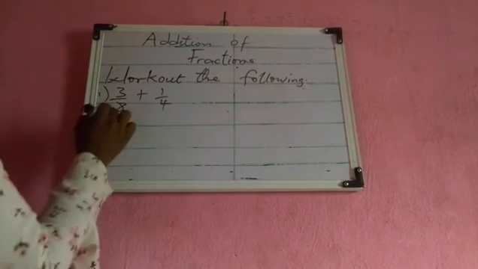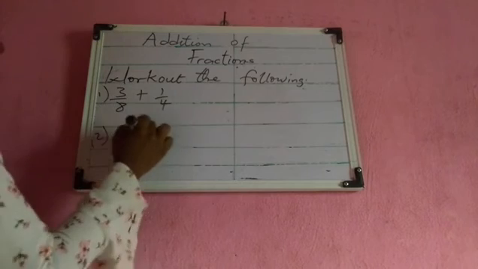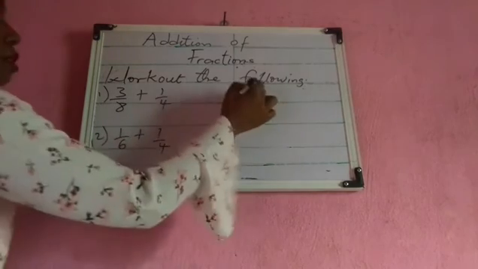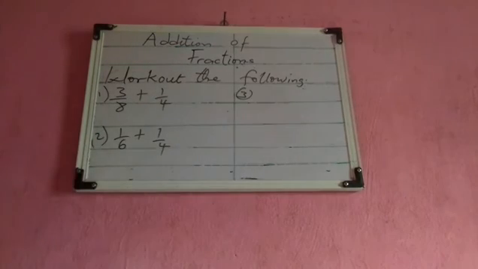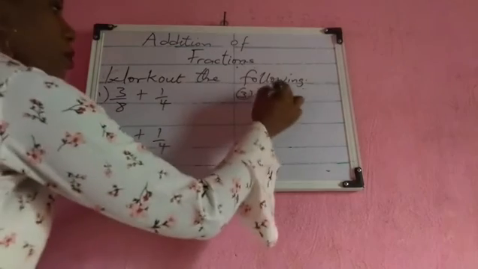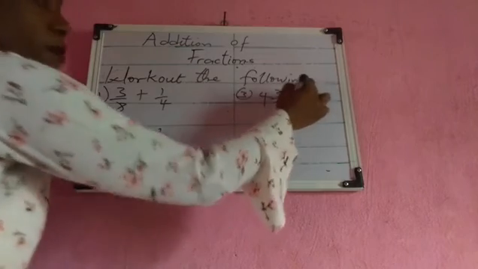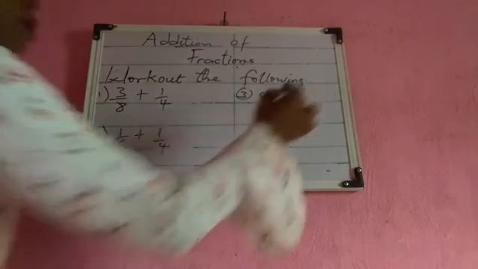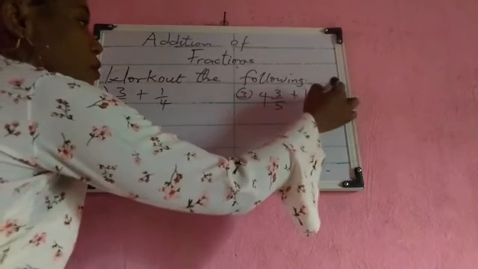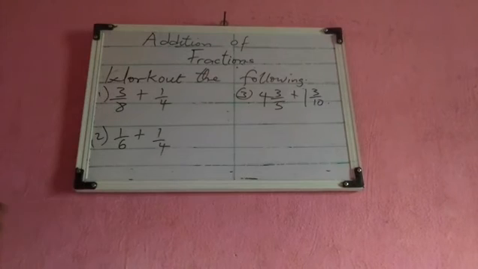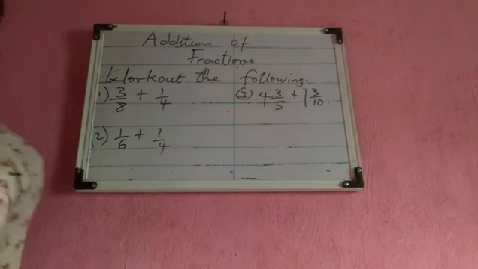And I have number 2, 1 over 6 plus 1 over 4. And the third one, similar to almost the last one we did, I have 4 whole number 3 over 5 plus 1 whole number 3 over 10. So quickly do that and let me go around and mark.